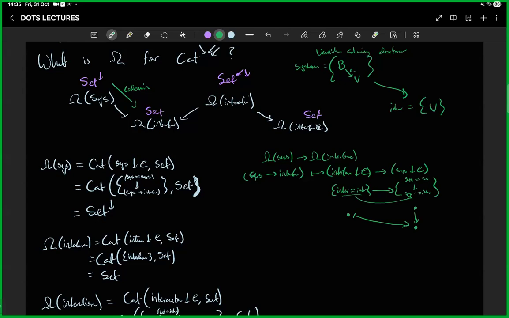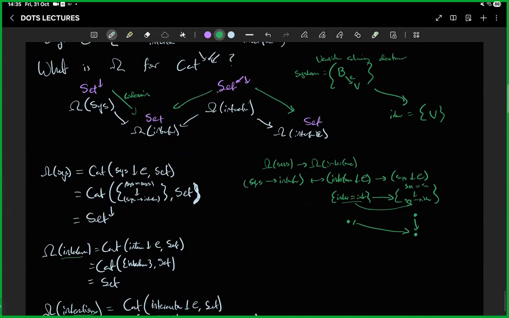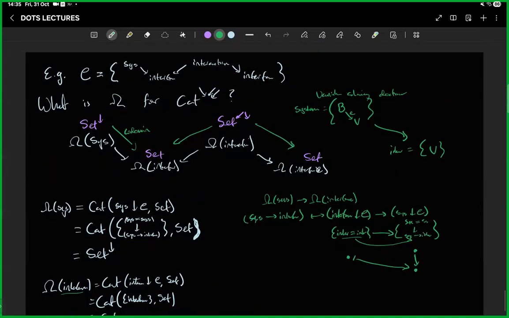Let's keep going. So, I don't know how much I want to keep going, but you can see that if you compute this out by the same formula, if I look at the map from interaction to interface, which is given by one of these maps, then precomposing by the one from interface to interface, which of course is only the identity, gives me that map again.